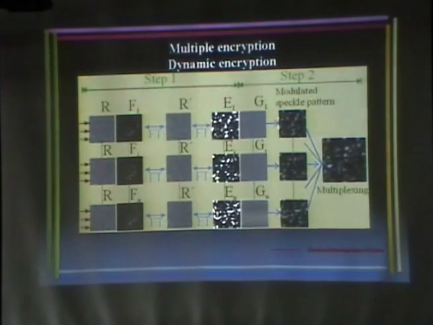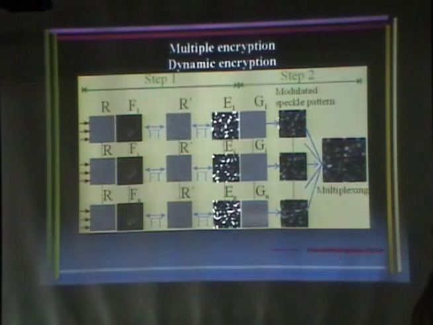Afterward, in the decryption step, you must filter out each part of your speckle pattern, because it's equivalent to being labeled. Now, each speckle pattern has an associated grating, so you can distinguish. But it's the price you have to pay to avoid the noise of multiplexing.